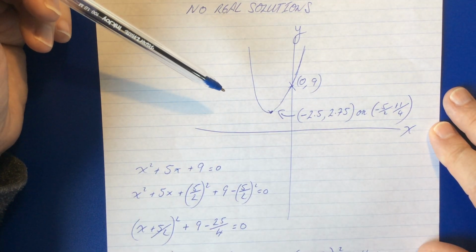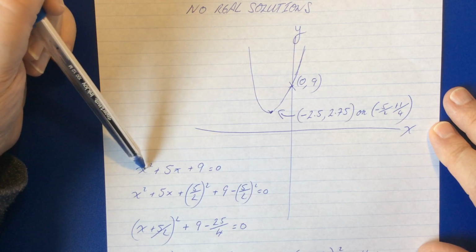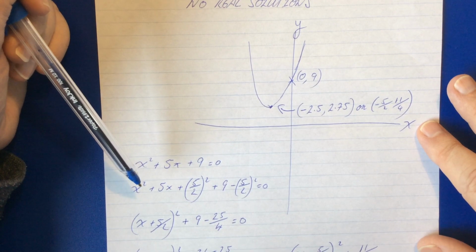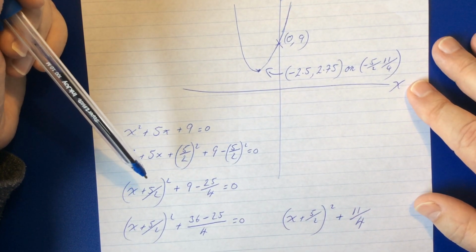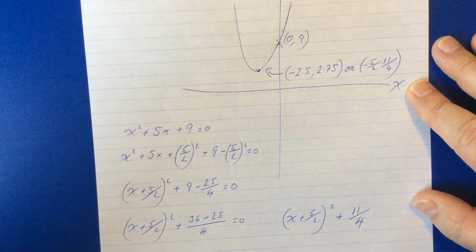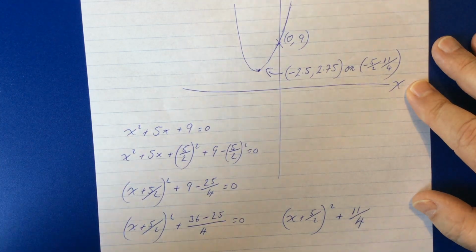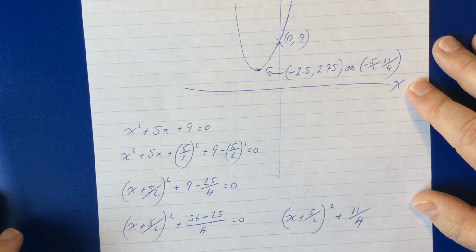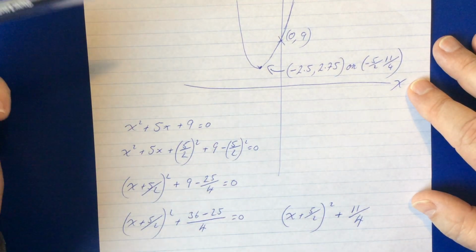So what I did to get the turning point is I did the first 3 or 4 steps of completing the square. Just let me get the rest of that into frame. And if this is a complete mystery, give up now and go and have a look at the video on completing the square and come back to this and it will make sense, I promise you.